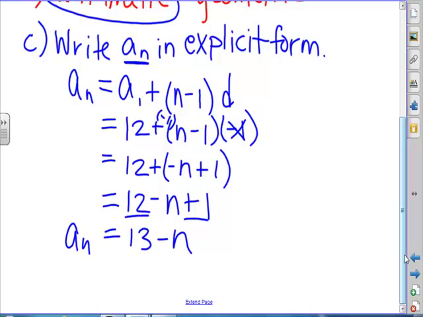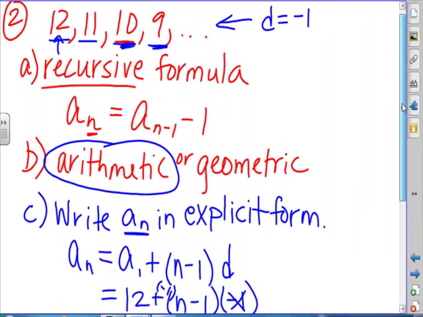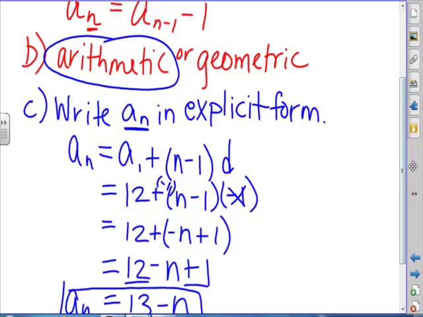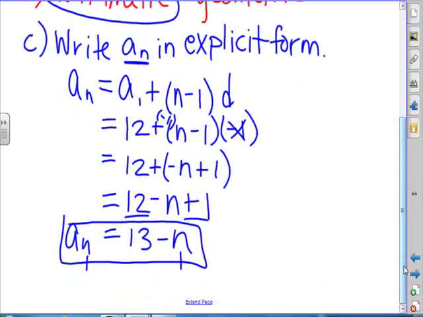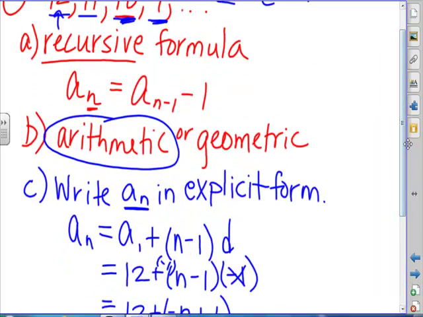So I should be able to get to any term by doing 13 minus n, and I might want to just check it. So the first term, I would put a 1 in here. So 13 minus 1 is 12, which works. And then if I go to my second term, I'd put a 2 in there. And sure enough, 13 minus 2 is 11, which you see up here. So that works.